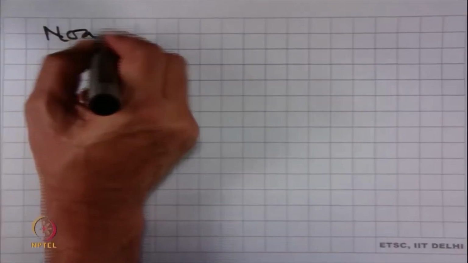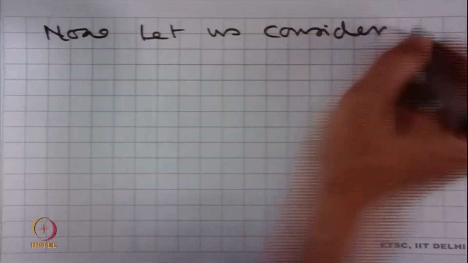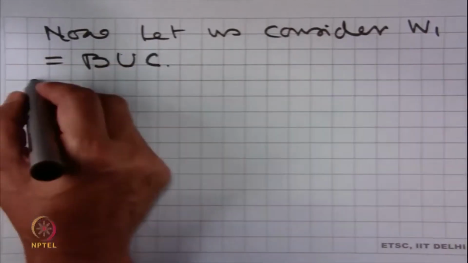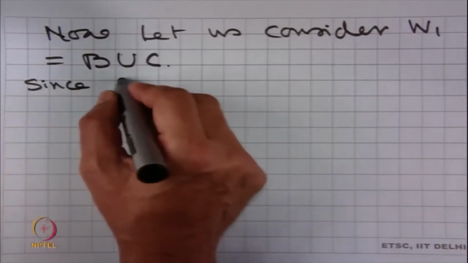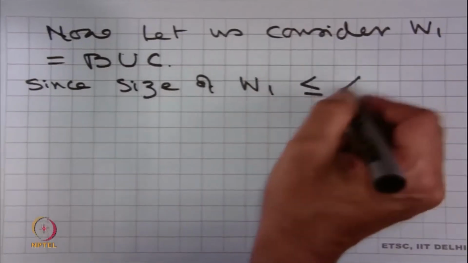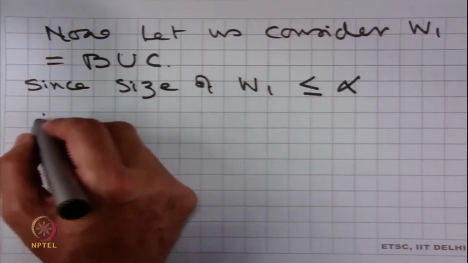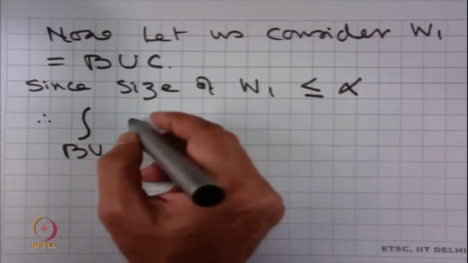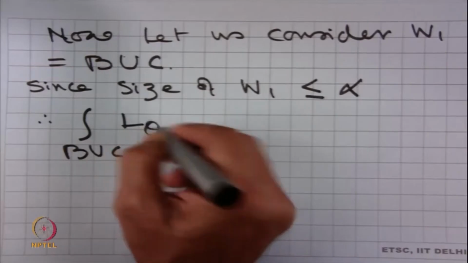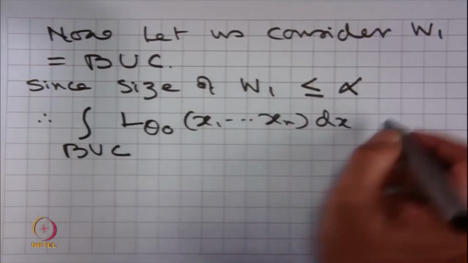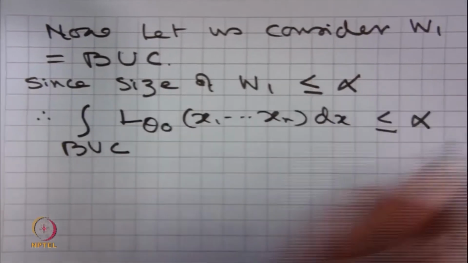Now, let us consider W 1, which is equal to B union C. Since the size of W 1 is less than or equal to alpha, therefore integration over B union C of L theta 0 of x 1, x 2, x n dx is less than or equal to alpha.